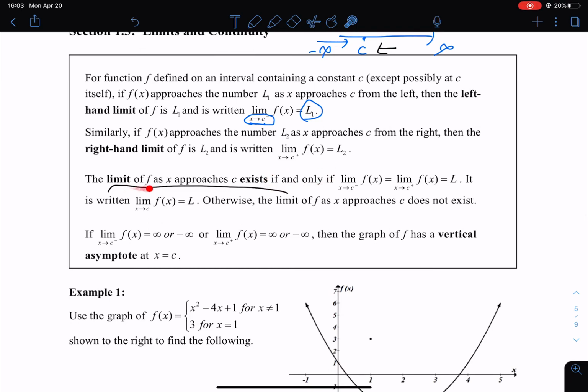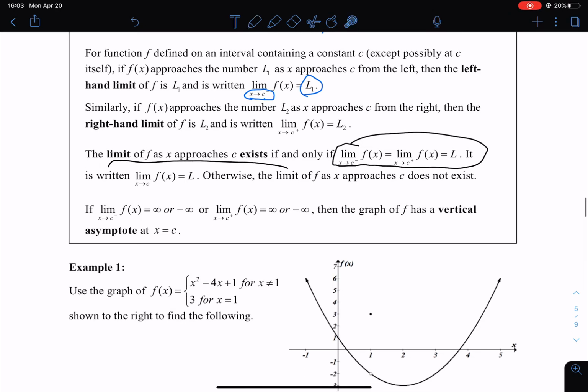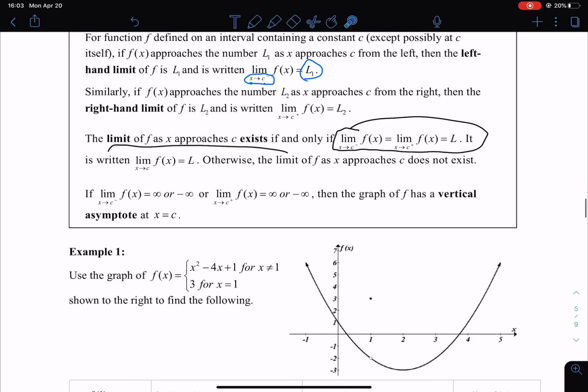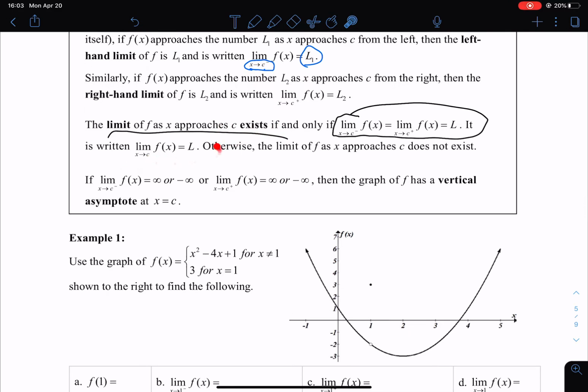If you want to say this one exists, you have to check whether this condition holds. What you have to check is whether the left-hand limit equals the right-hand limit. If the left-hand limit equals the right-hand limit, then we say the limit of f as x approaches C exists. And then the function notation is: as x goes to C, f of x is just L, and this L is the left-hand limit, or you can say it's the right-hand limit because they are equal to each other.